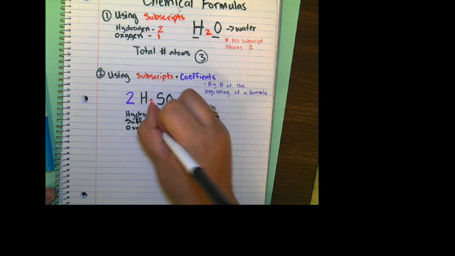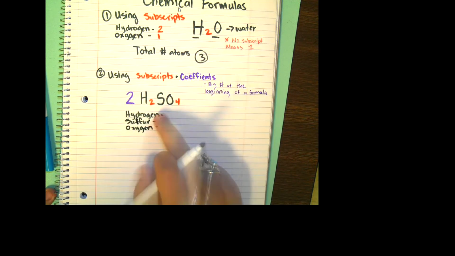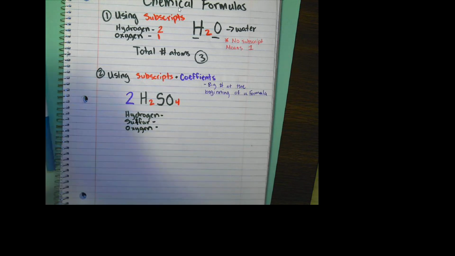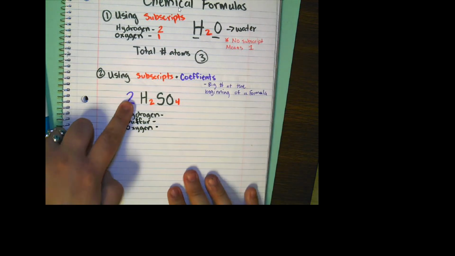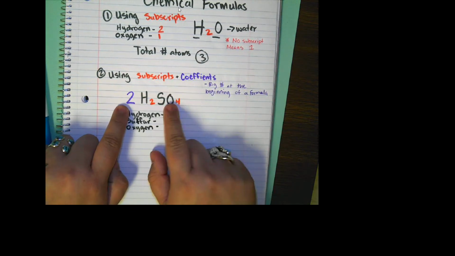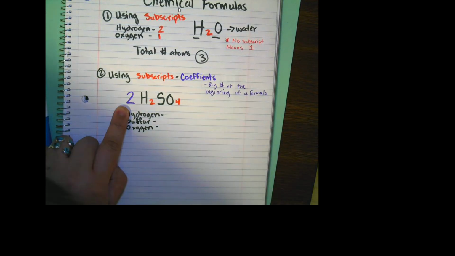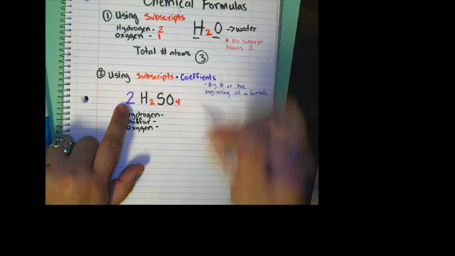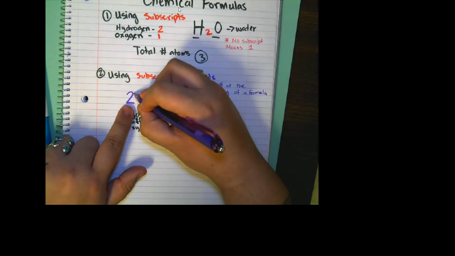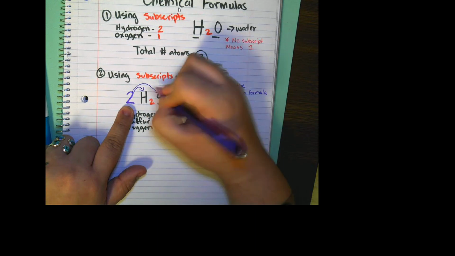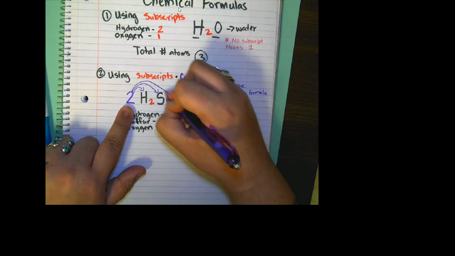So I have 3 capital letters, which means I have 3 elements. I like to look at the coefficients first because the coefficient tells you how many total molecules I have of these. The coefficient actually affects everything behind it. So this 2 is going to affect the hydrogen, the sulfur, and the oxygen.